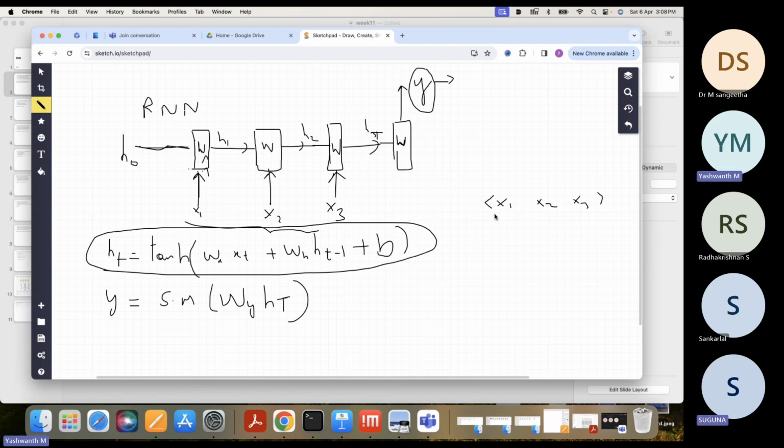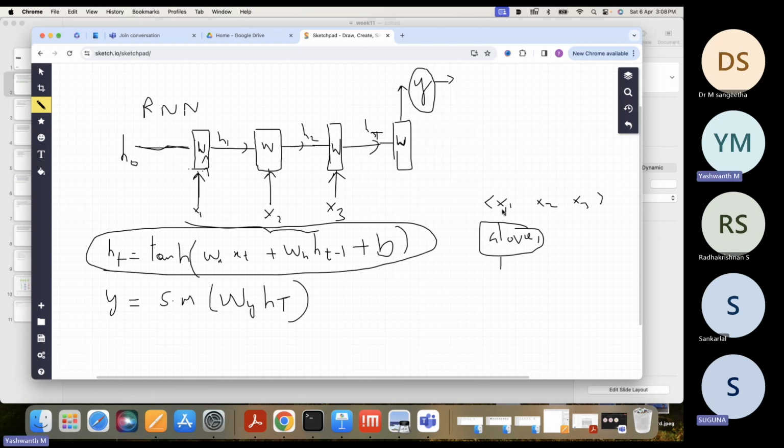How can this take numbers? We already discussed this one week before. So what you do is word embeddings, like GloVe or some other word embedding, Word2Vec. You pass the word to these word embeddings and get the vectors, the real number representation of that word.